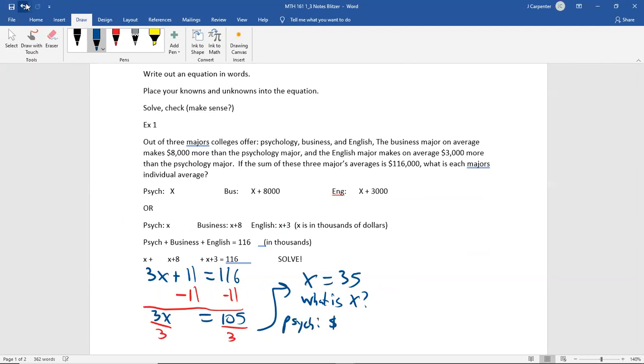So, P-S-Y-C-H, 35,000. There we go. Then from there, we want to find the business and English majors, which are based on X. Well, X is 35, so just take your 35 and add 8 and 3 respectively. So your business should be 35 plus 8, which is 43.